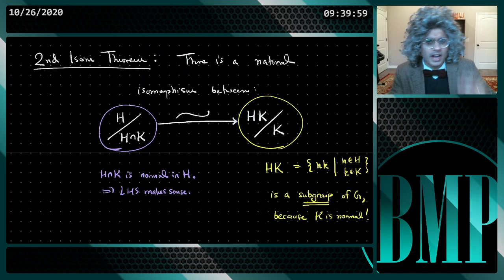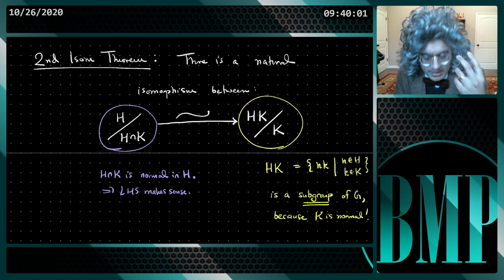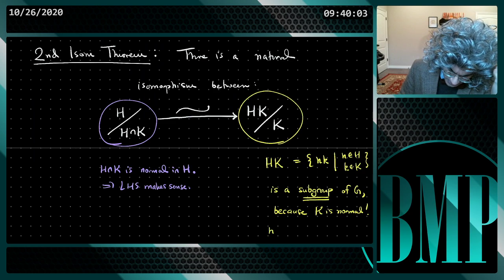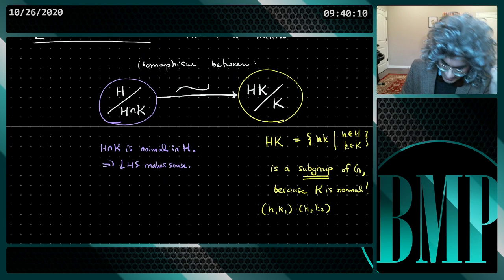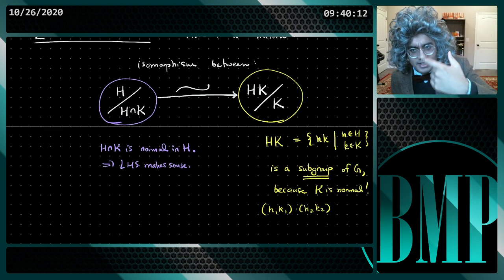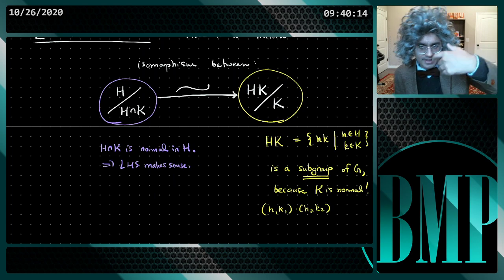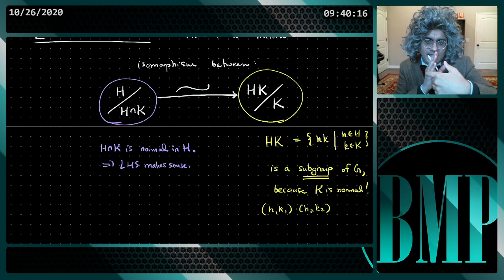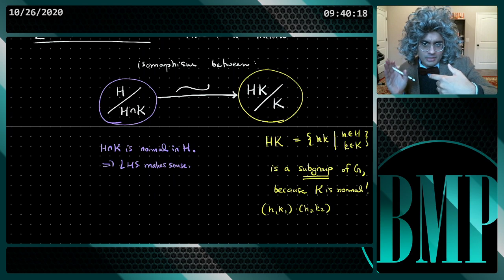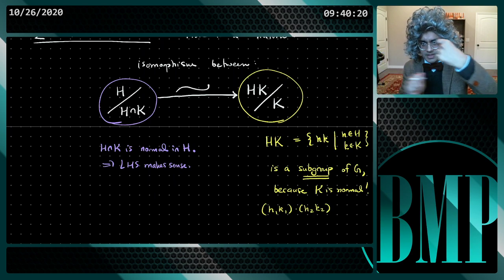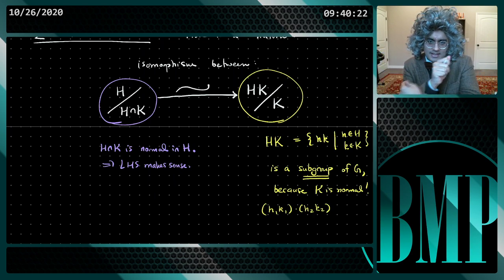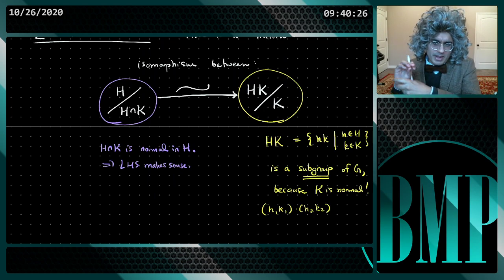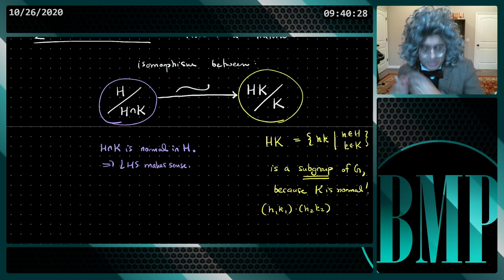This is that other way of interpreting normality: normality allows you to trade an element in K times an arbitrary element with the other element. You can swap across, except the K part might get changed.